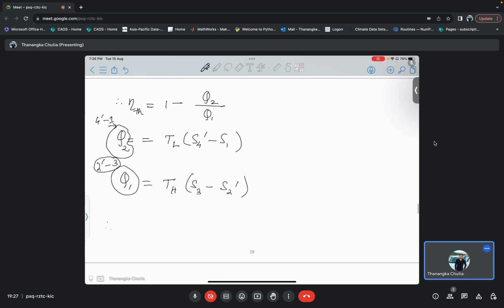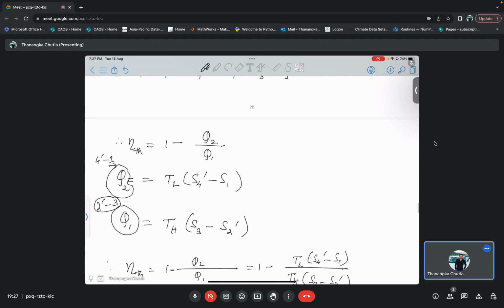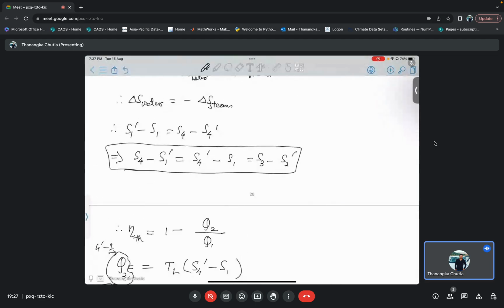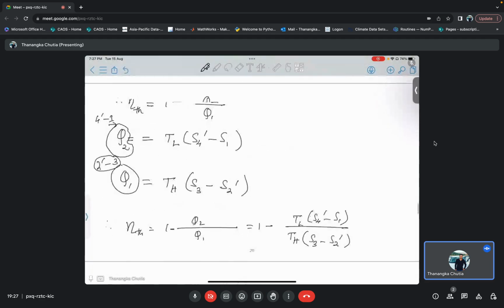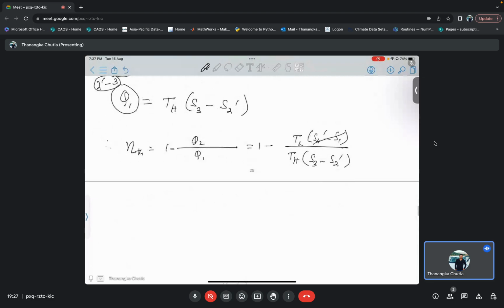So therefore eta thermal will be equal to 1 minus Q2 by Q1, that will be 1 minus TL times S4 prime minus S1 divided by TH times S3 minus S2 prime. Now we already know from this equation that S4 minus S1 prime is nothing but S3 minus S2 prime, so these two will cancel each other.